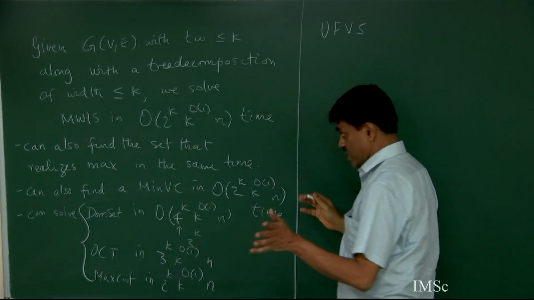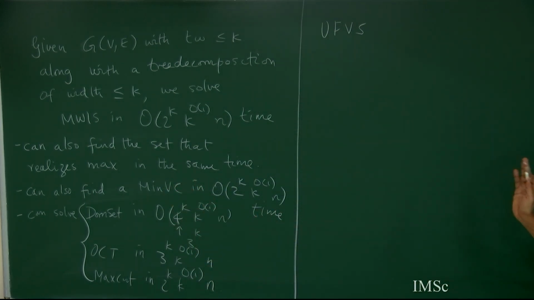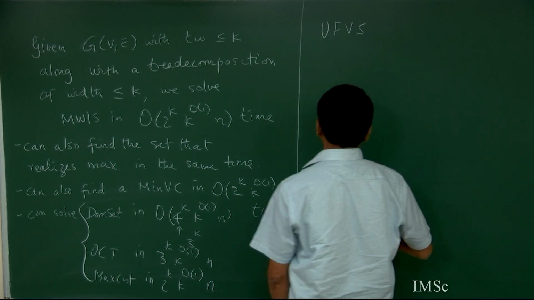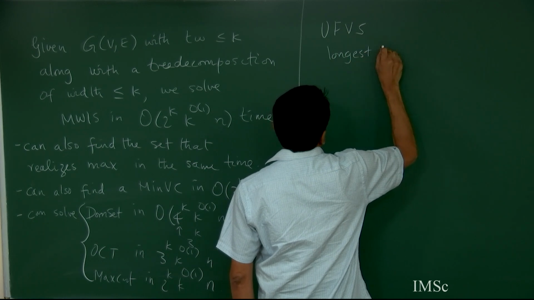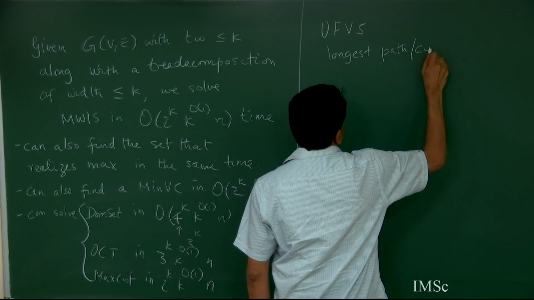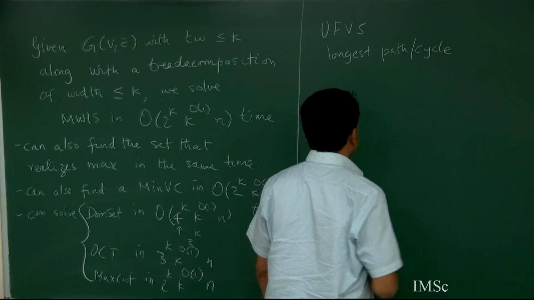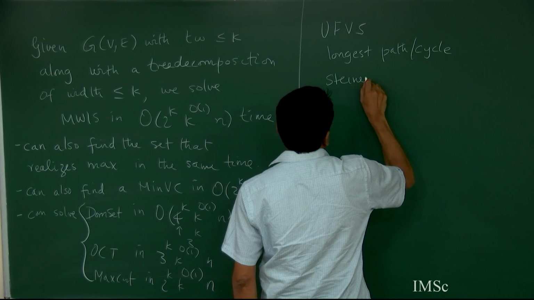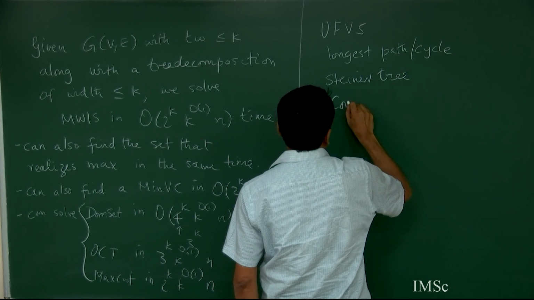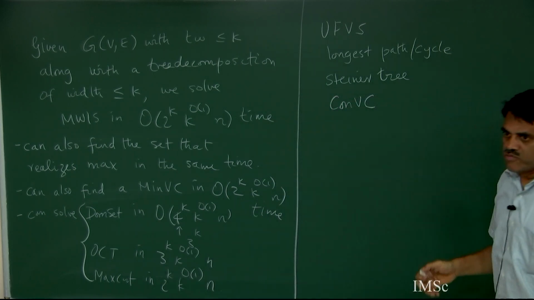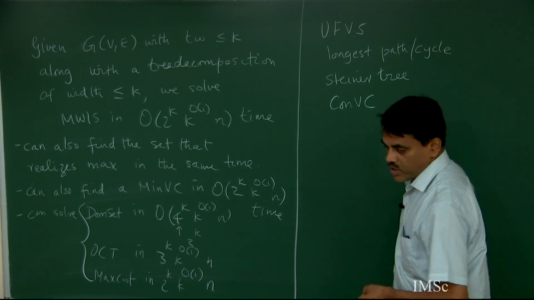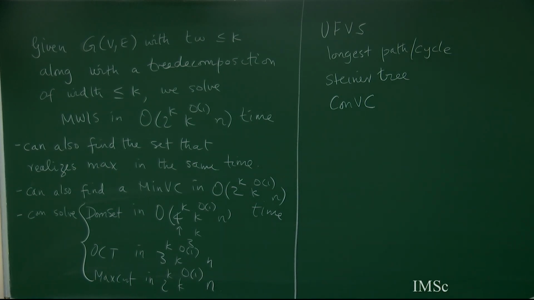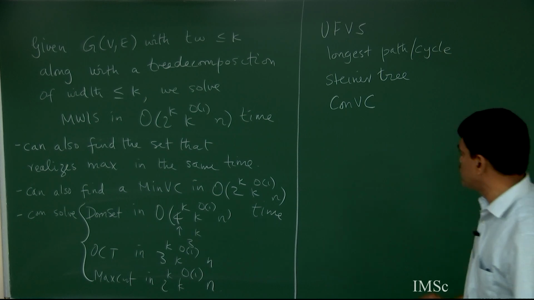We are talking about undirected graphs because this notion of tree width, we've been talking only about undirected graphs. Longest path, cycle, testing for Hamiltonian path, cycle, Steiner tree, connected vertex cover, right? You want to find the minimum vertex cover which also induces a connected subgraph, and a whole lot of problems. Now the f of k is slightly different. Connected dominating set, connected FES, chromatic number.